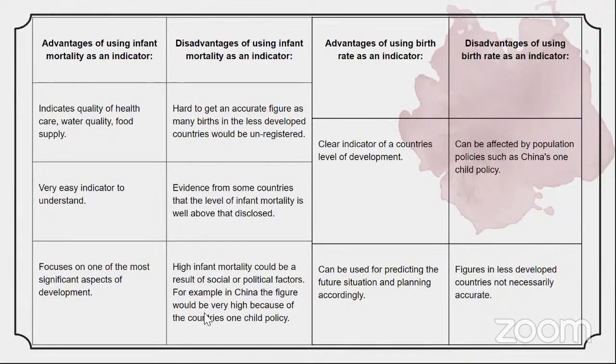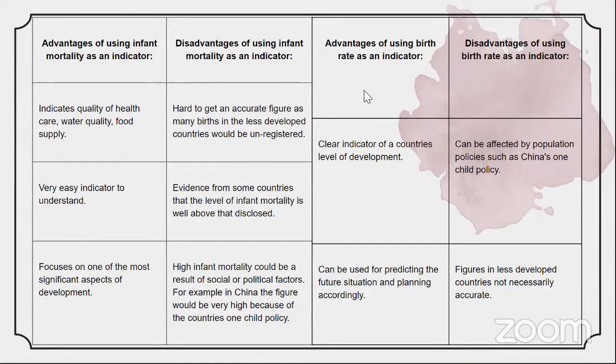For example, in China, the figure would be very high because of the country's one-child policy. Kat sana, kalau ada lebih daripada satu anak, diorang kena dispose lah. So, disebabkan benda tu, child mortality rate dia tinggi.